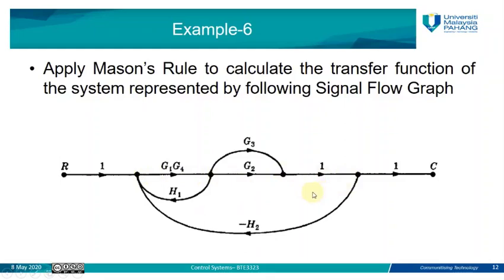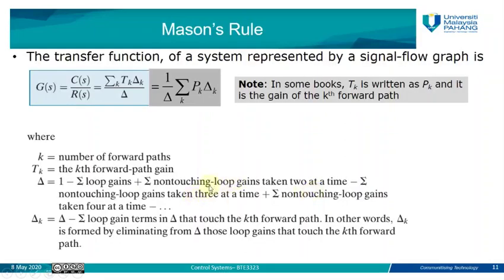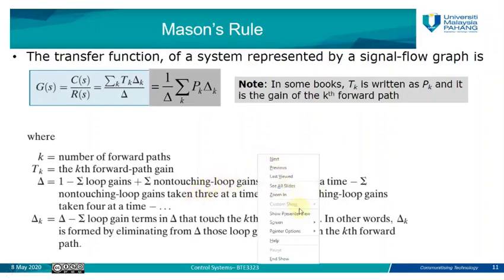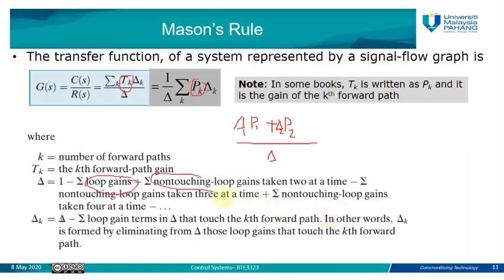Since we do not have any non-touching loops, this part of the formula will be omitted, and this part also, and so on. Our formula of delta will be delta equals 1 minus the summation of loop gains, only this part.